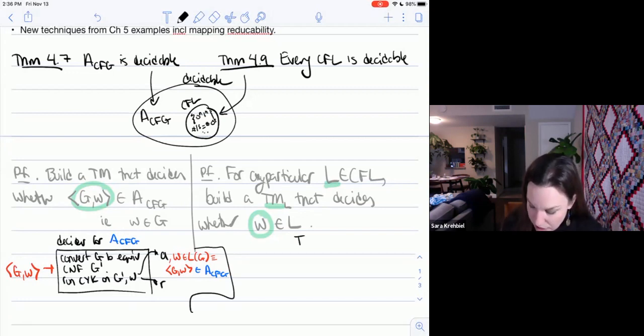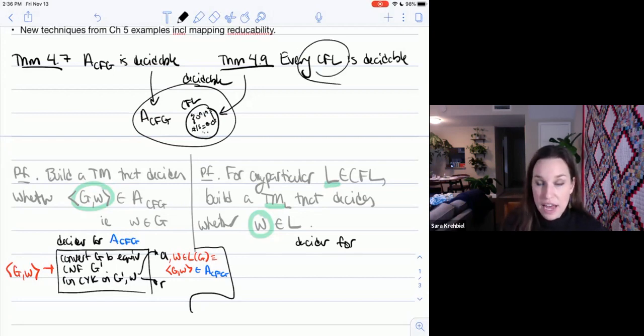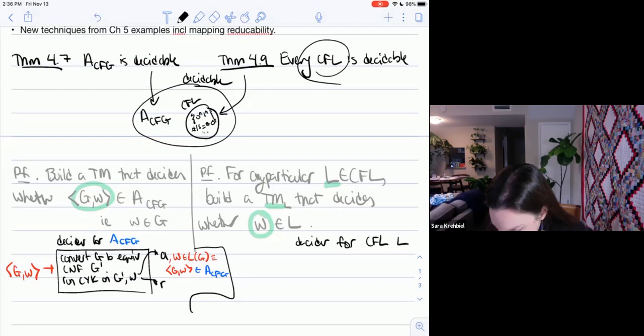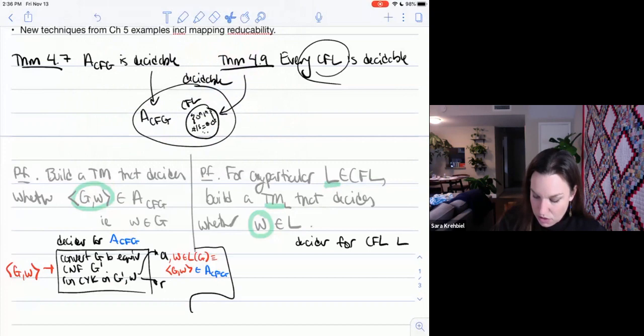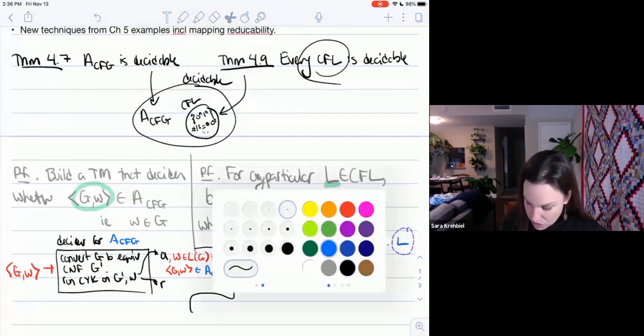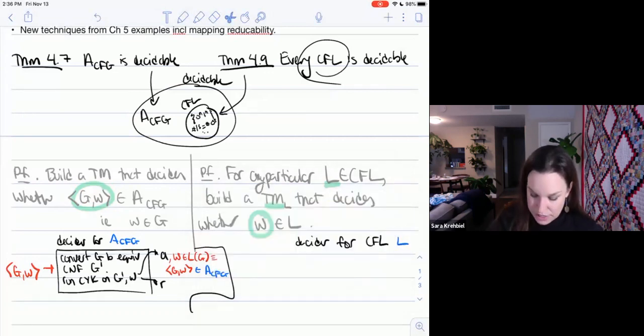So if I want to set up a Turing machine, specifically a decider, for the language, because I need to show that every context-free language is decidable. So I'm going to show that whatever language L, which is a context-free language, I'm trying to decide, that's the language I'm trying to decide.